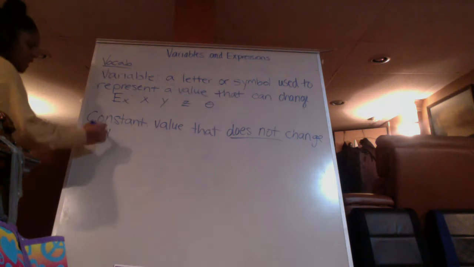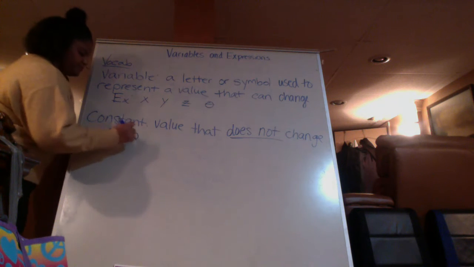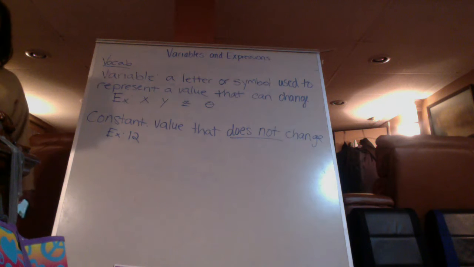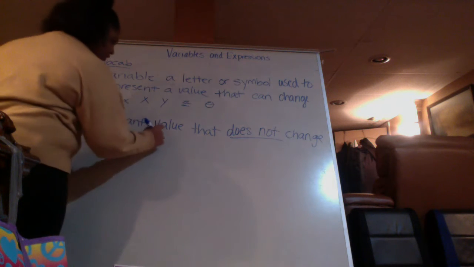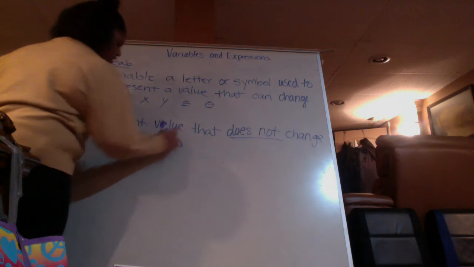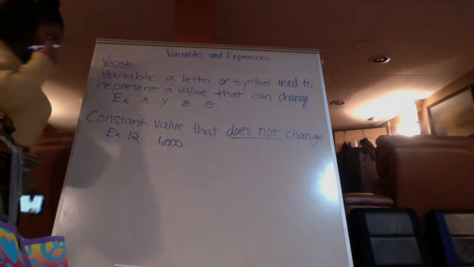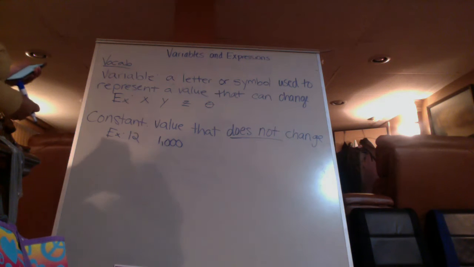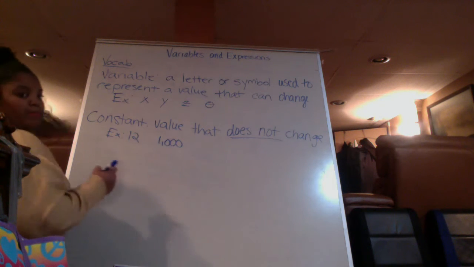An example of a constant would be 12, because 12 isn't changing. 12 is 12 is 12. You could even say 1,000. That's a constant. That is not going to change.